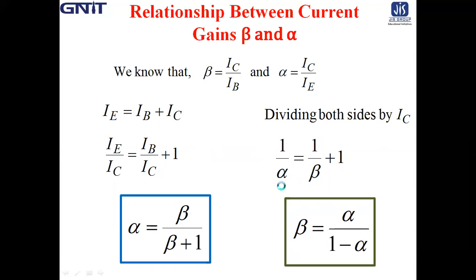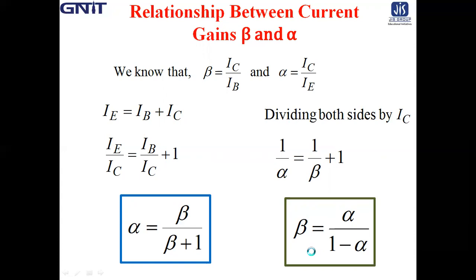So 1 by alpha equal to 1 by beta plus 1. From that expression, you can represent alpha as a function of beta, that is alpha equal to beta by 1 plus beta, whereas if you express beta as a function of alpha, then beta is equal to alpha by 1 minus alpha.